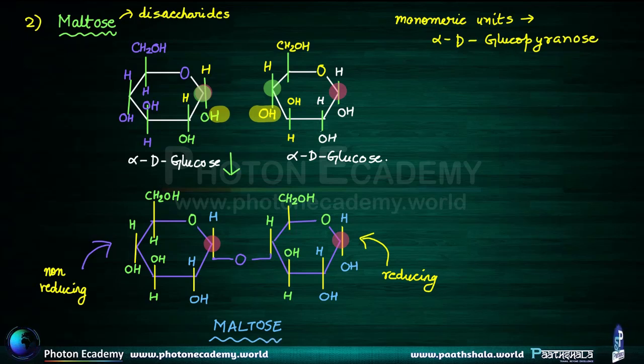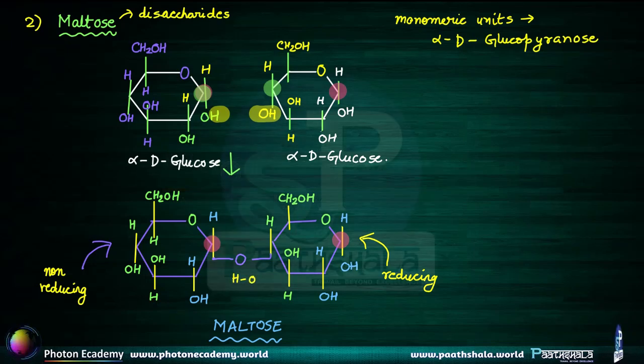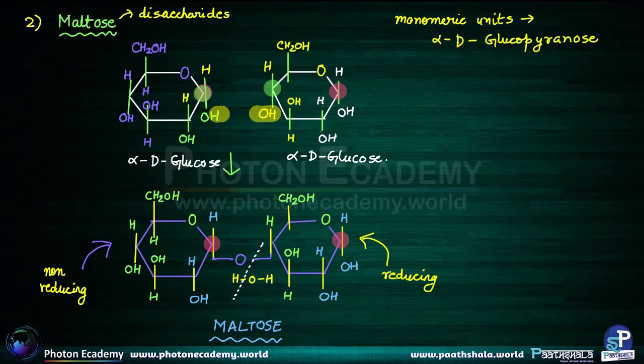And a fact which is very clear to us is that if we take a water molecule over here, we can easily see that the loss of water from both of the alpha D glucose resulted in maltose, because when we bring a water molecule, if this H connects to this OH and this OH goes back, we get the same two alpha D glucose units that we used in the first position.